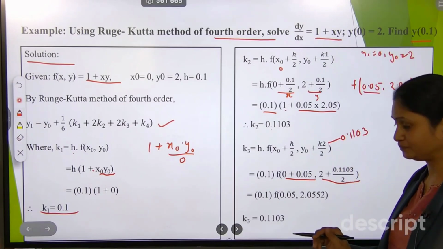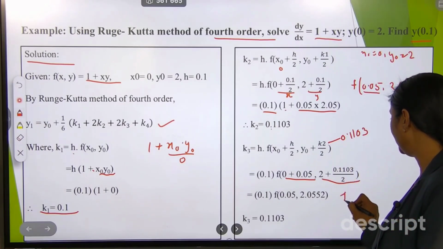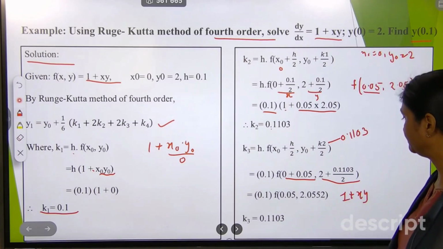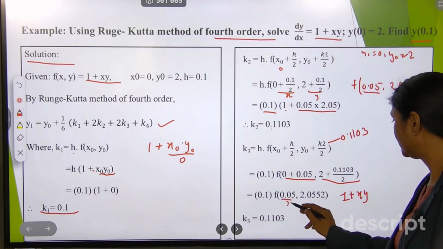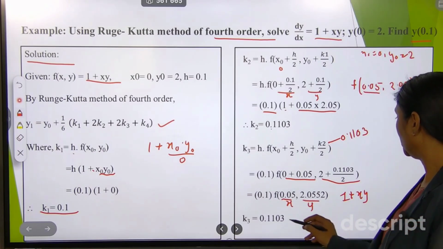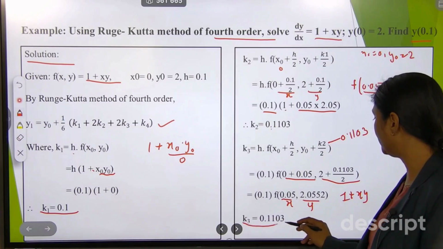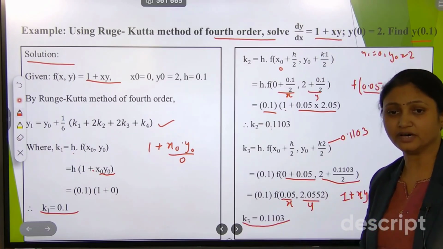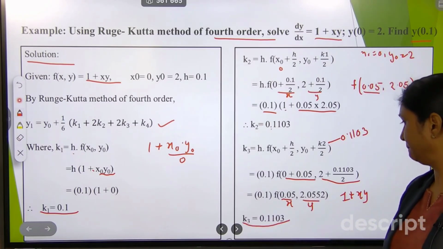As our function is 1 plus xy, after calculating, we get k3 is equal to 0.1103.